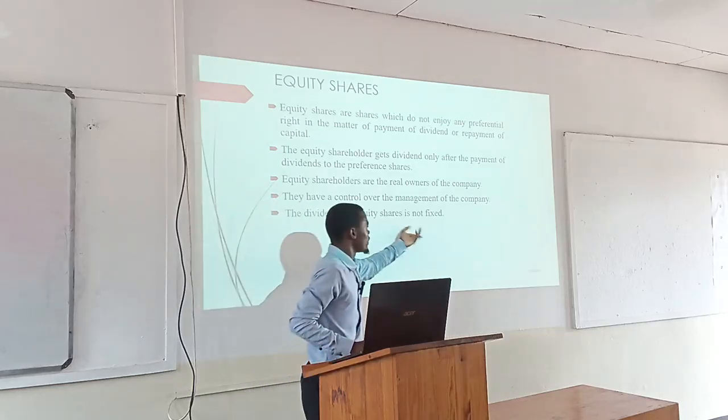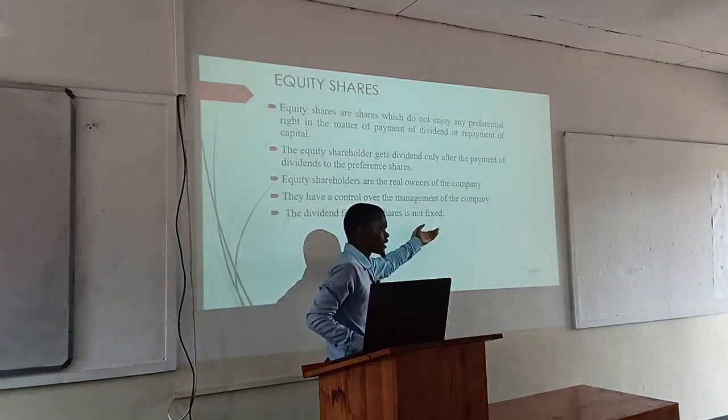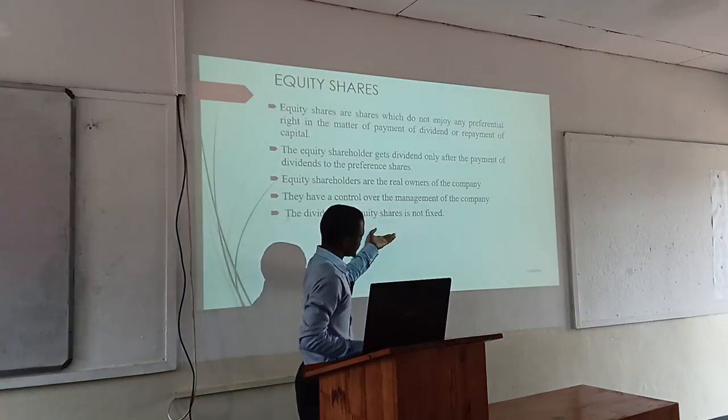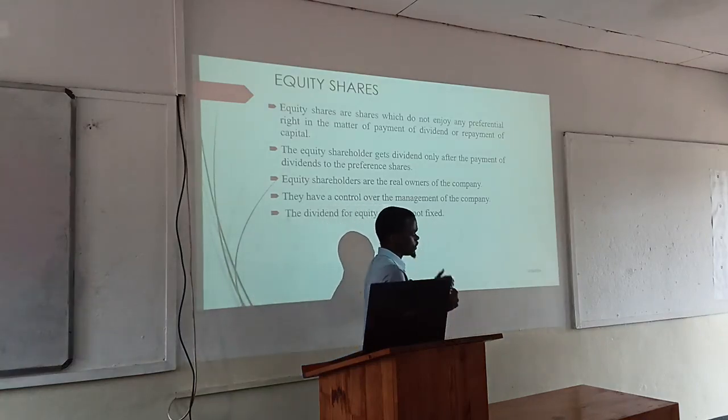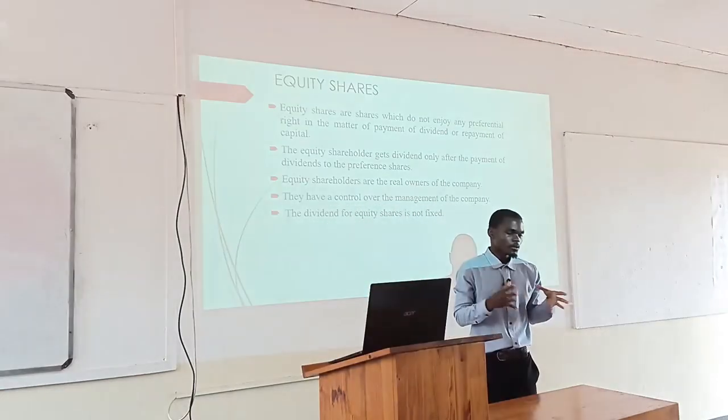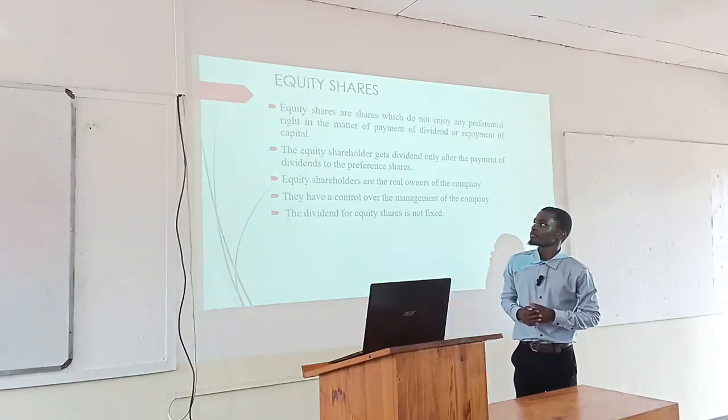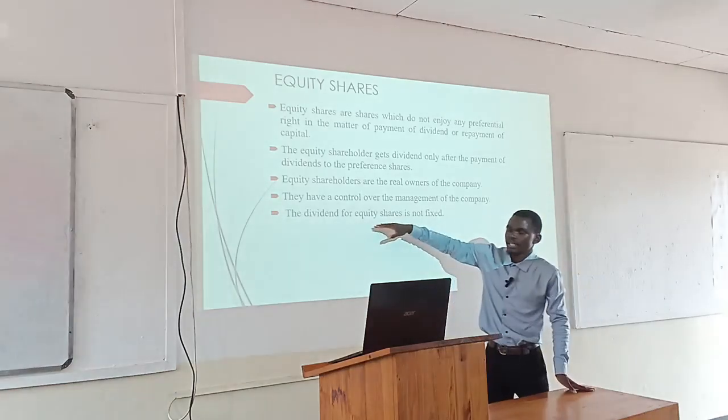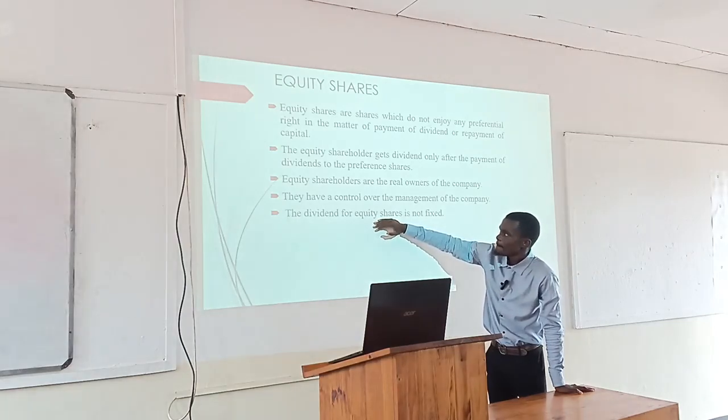For example, if the organization is making losses, some of these people may not even receive dividends because the rate is not fixed. So that's one of the privileges that these people are denied in an organization.